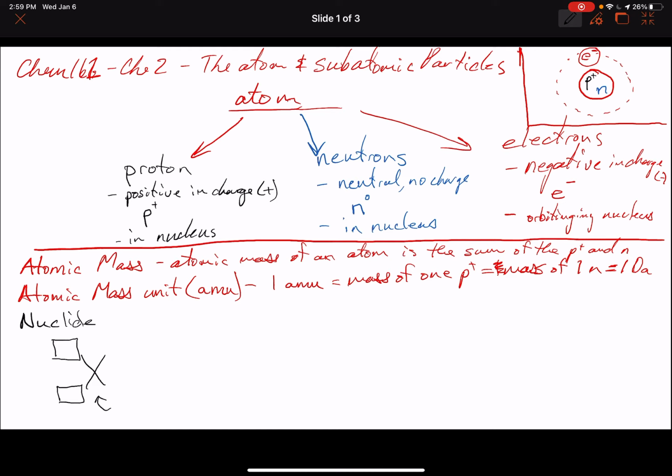And over here in this area, we're going to put the symbol A, capital A. And this is what we term the atomic mass for the nuclide. Okay, so atomic mass is also called the mass number.